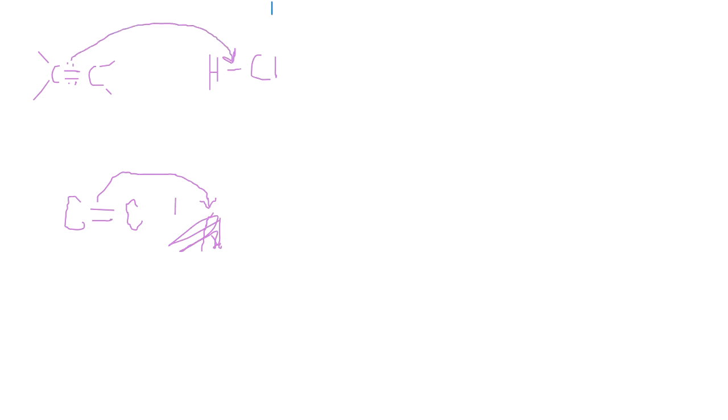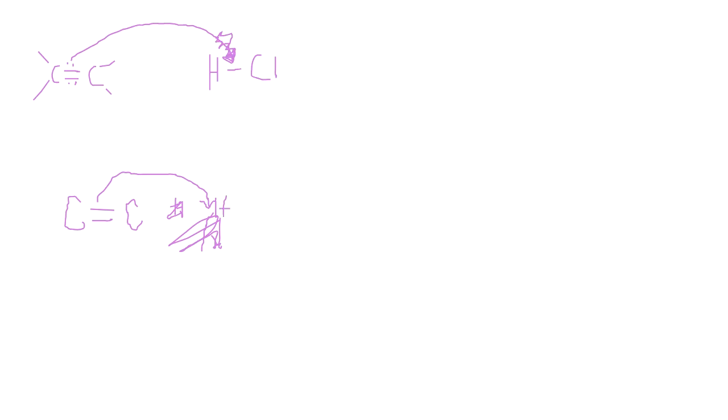There you go. Person writing at the top, I like where your arrow started from. Not too happy about where it finished, because it looks like it's going to the bond between the hydrogen and the chlorine, and there are electrons in that bond. That's not the most positive part.